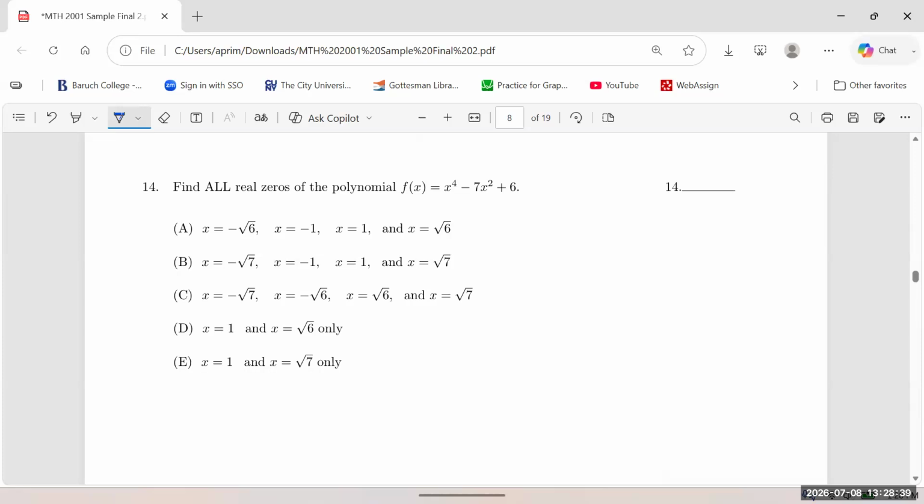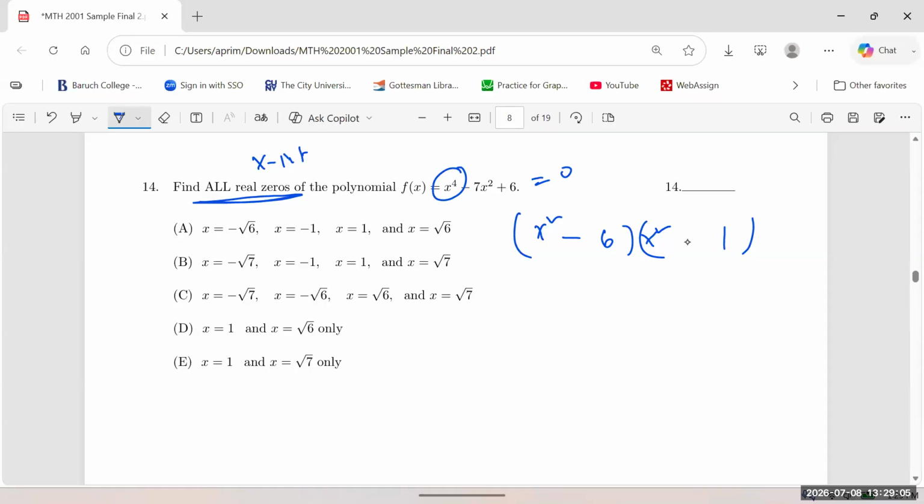Zeros means what? Find all zeros means x-intercepts. Means you're setting this equal to 0, solve for x. A good one, 4th degree. Can you factor this? x squared, and 6 becomes 6 and 1. How about the signs?